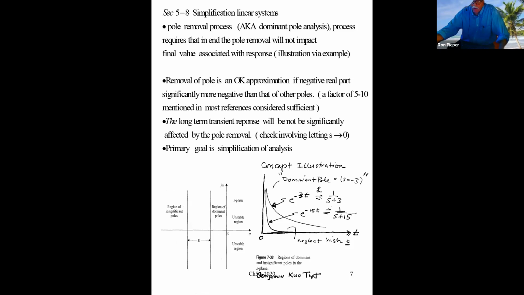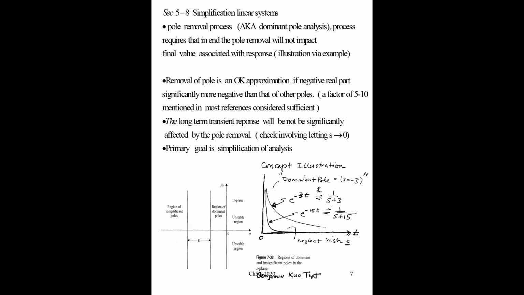And one would argue that when comparing these two pieces of a general solution, one of these would represent the dominant pole. Which one do you think it is? E to the minus 3.